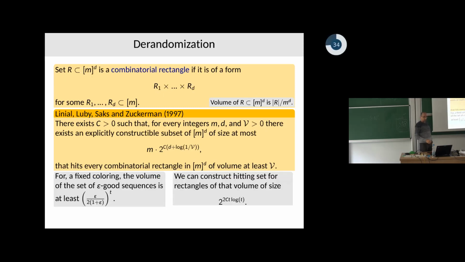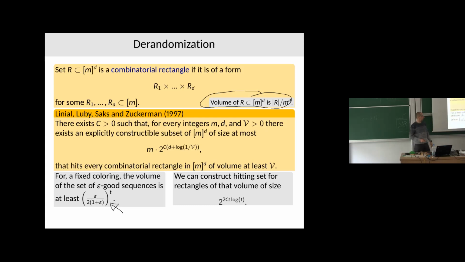Okay, so we can try to pretend for a moment that our epsilon good sequences are combinatorial rectangles, right? I told you before that the number of these epsilon good sequences is large. And if we express it in terms of volume, defined like here, for a fixed coloring, the volume of the set of epsilon good sequences is at least this one.